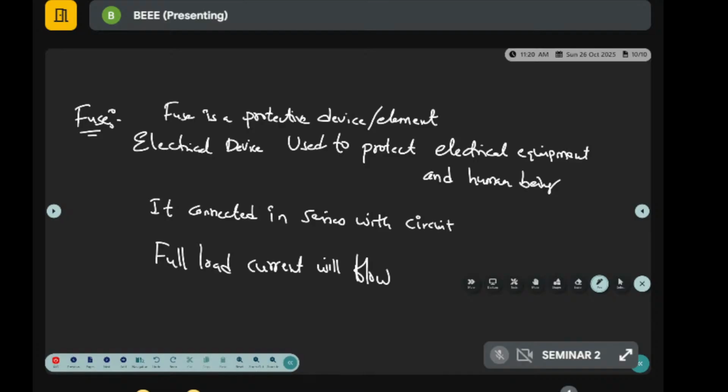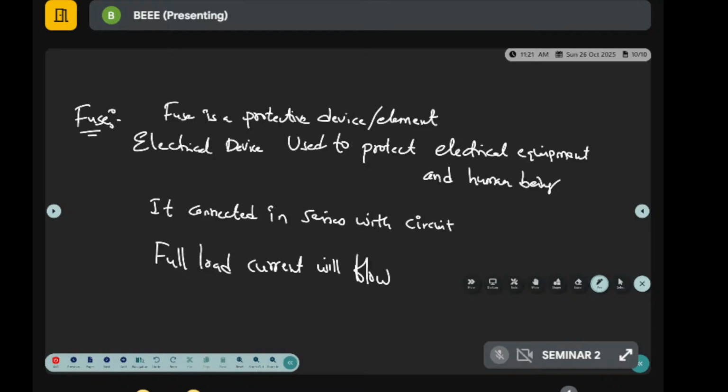And on what principle will this fuse work? Did you see a fuse? Which fuse have you seen? Nowadays fuses are not there. Ah, MCB. Nowadays fuses are not there.